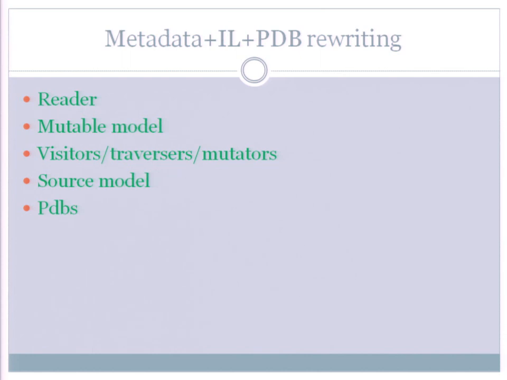And there are ways to read PDBs as this model and a way to write out this model as a PDB. With these things in hand, you can take compiled code and rewrite it. You can create stuff, read stuff, and basically do anything you like with the .NET assembly: create it, change it, read it.